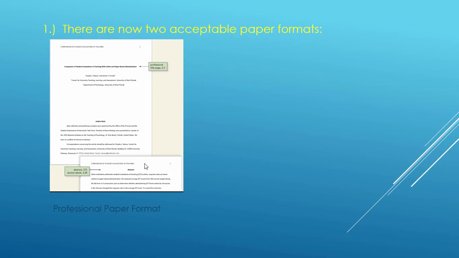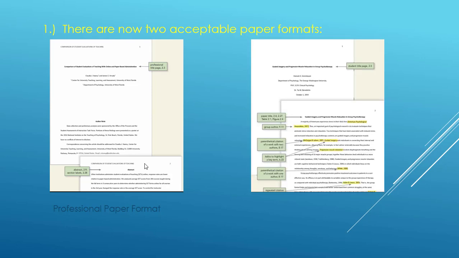The second format that has now become acceptable is a much more streamlined version, and this is called the student paper format. You'll notice near the top that the primary change with this format is that we've eliminated the running head, which gave so many students such a difficult time getting it set up and formatted the way it needed to be. And when we move down to the second page, that has also been eliminated all throughout the paper, so that now what we have is simply a page number that runs continuously all throughout the paper in the upper right hand corner.